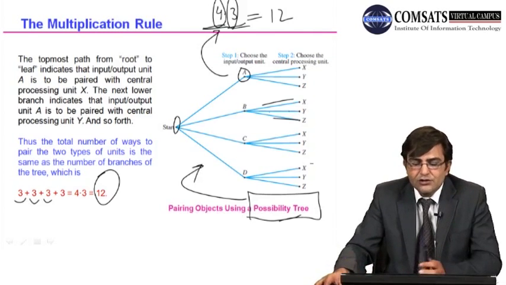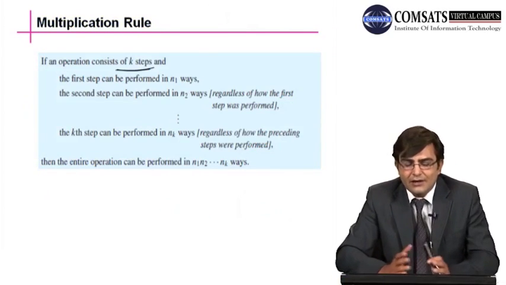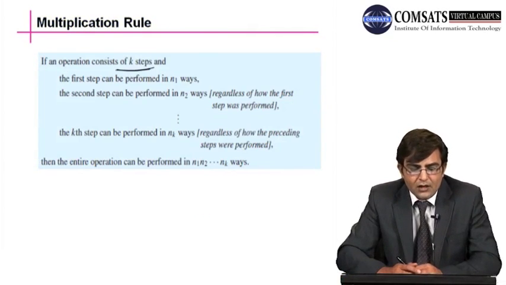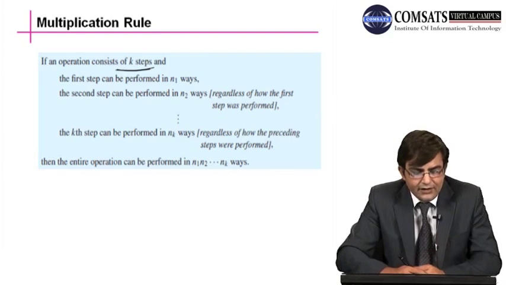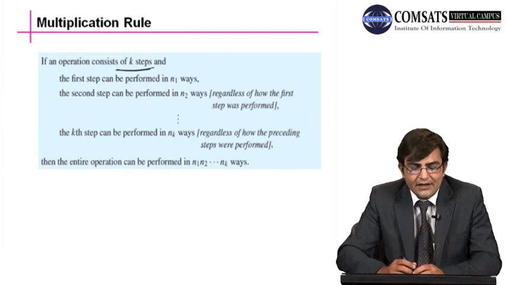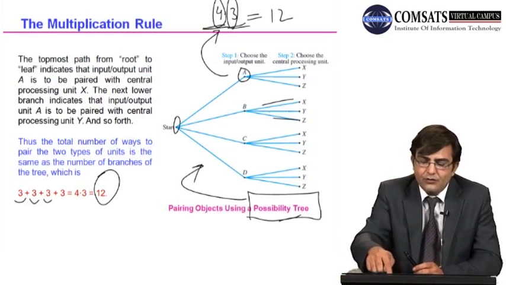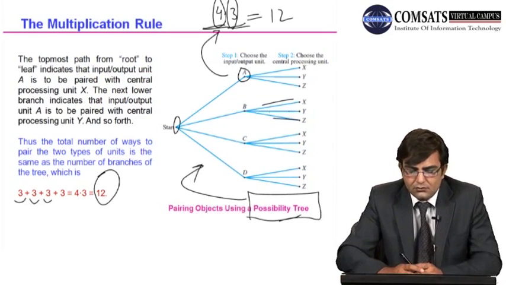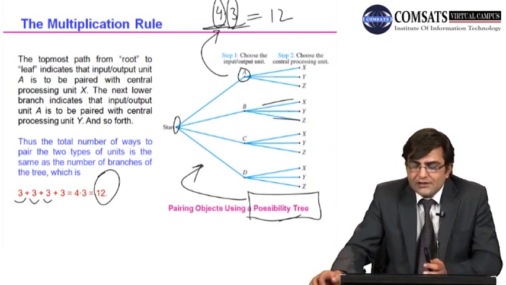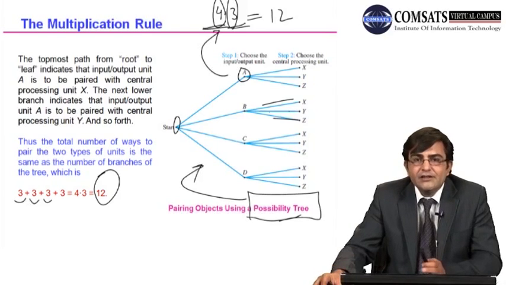So like this, we suppose that there are k steps. We generalize this problem now in k steps. So we suppose here if an operation consists of k steps, and in the first step we can perform n1 ways. Means here in the first step we had 4 ways, which we call n1, or you can say that at the first step how many possibilities we have.